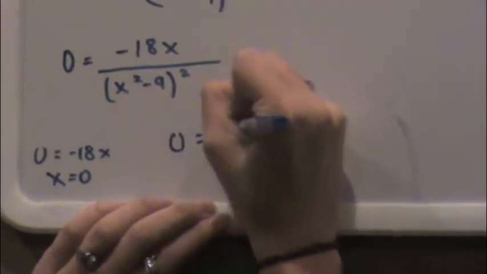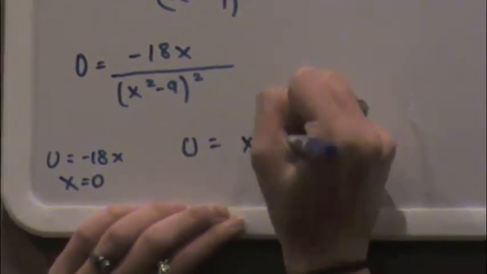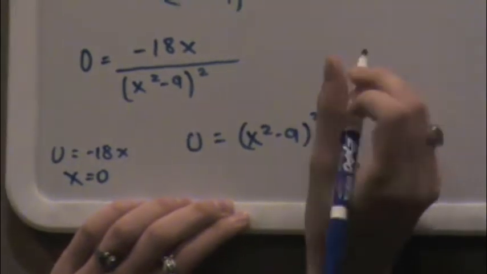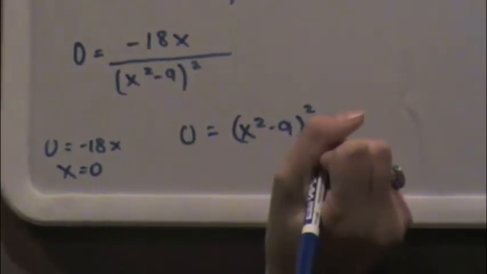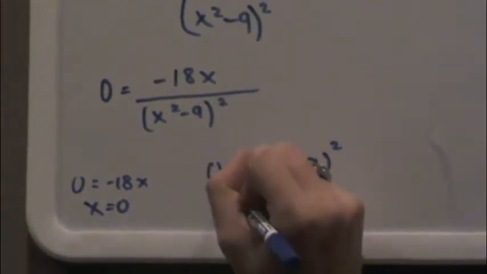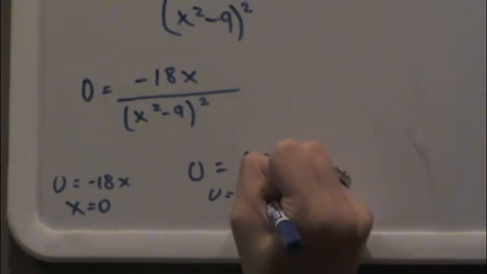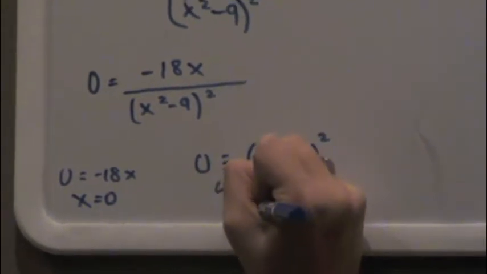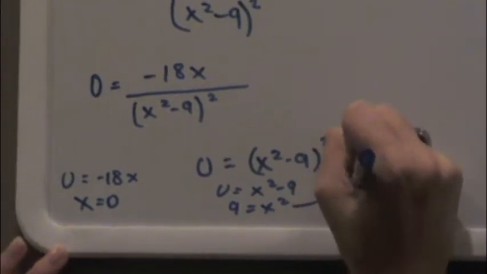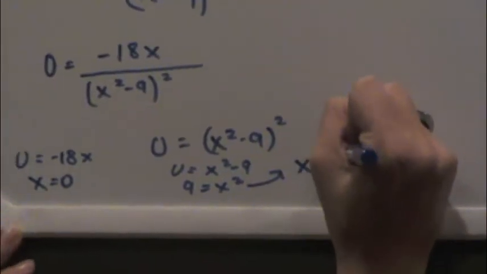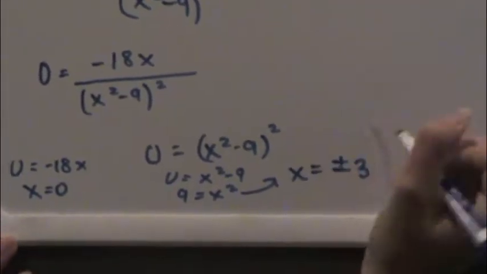And you get 0 is equal to x squared minus 9 squared. You want to set your denominator equal to 0 because you also want to see where it's undefined, because there's no slope there. So you take the square root of both sides and just get 0 equals x squared minus 9. 9 equals x squared. So x equals positive and negative 3.